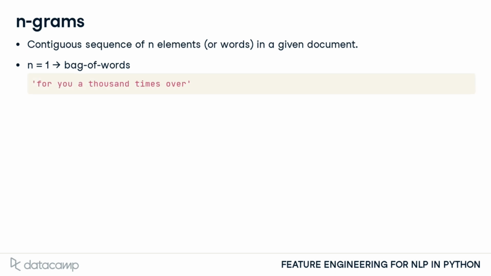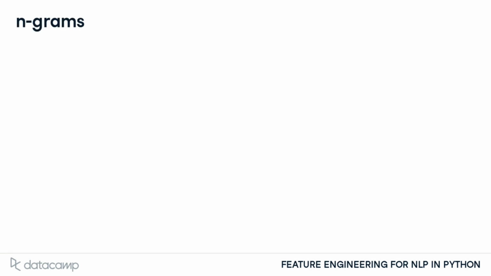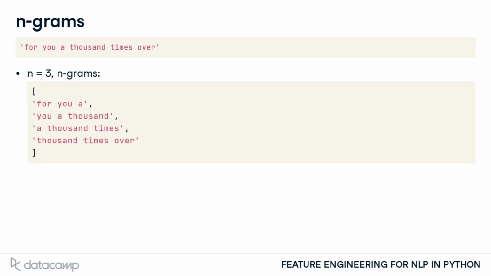If we set n to 2, then the n-grams, called bigrams in this case, would be "for you", "you 1,000", "1,000 times" and "times over". Similarly, for n equal to 3, the n-grams or trigrams will be "for you 1,000", "you 1,000 times" and "1,000 times over". Therefore, we can use these n-grams to capture more context and account for cases like "not".